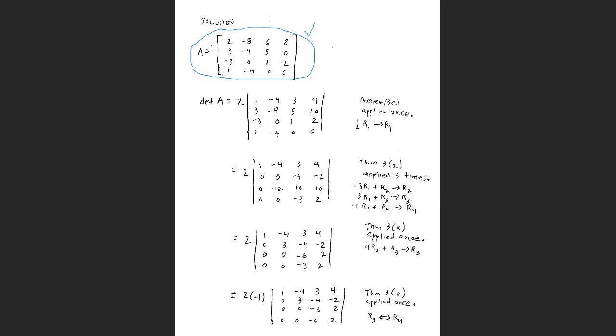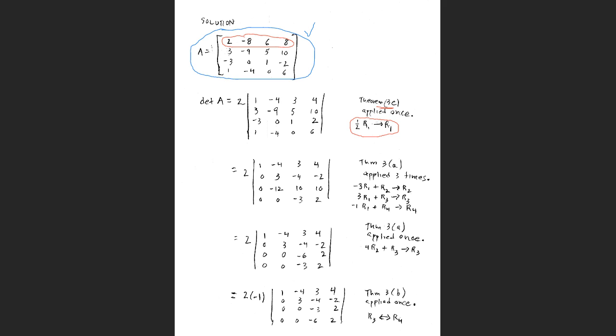All right, so what I decided to do was, if you look at the first row, I'm going to multiply the first row by a half and replace the first row with that result. In other words, I'm using property C of theorem 3 in section 3.2.